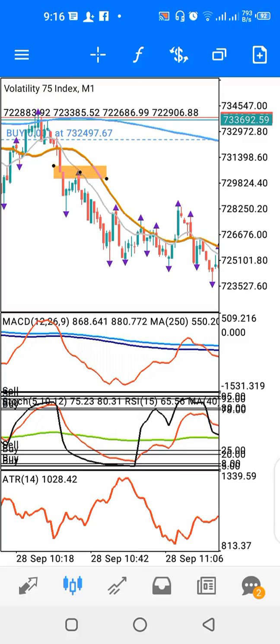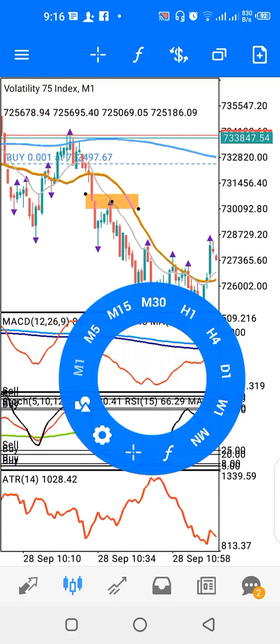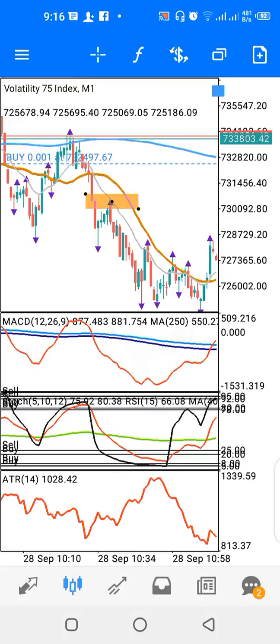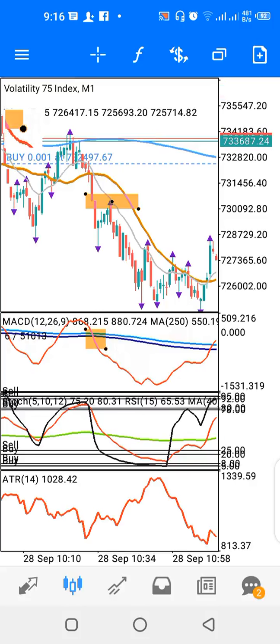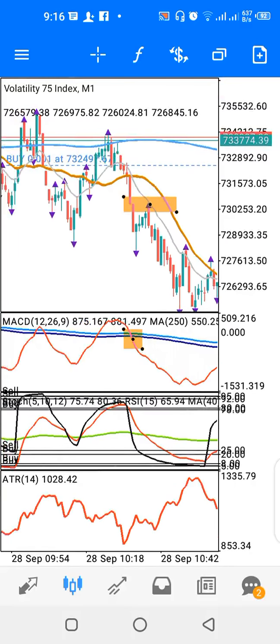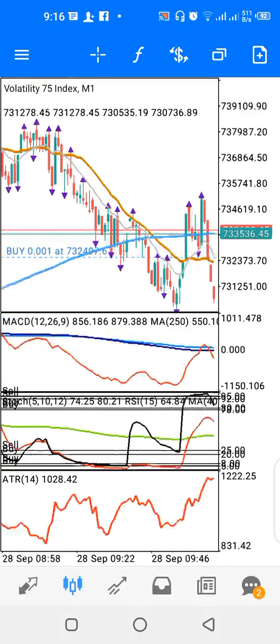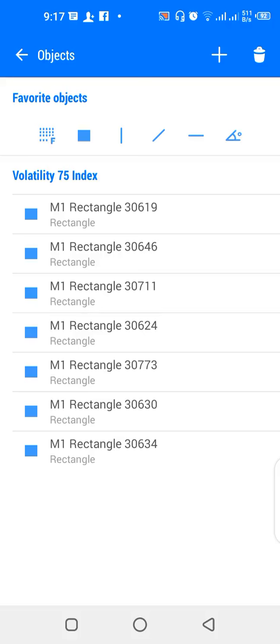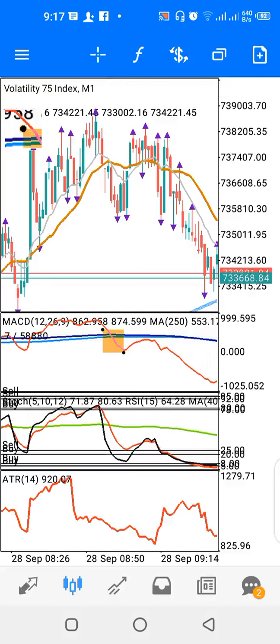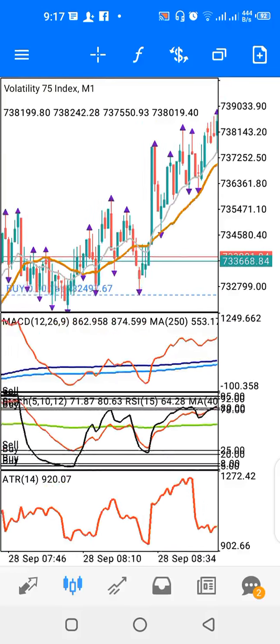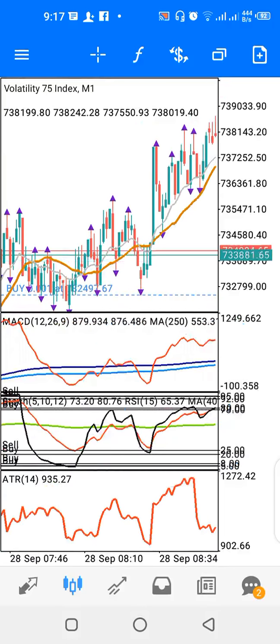Let's go to indicator window 1. We have a red line. When the red line crosses below the two blue lines, then I take a sell. But when it pops up above, I buy. Remember, we are on the 1 minute time frame.